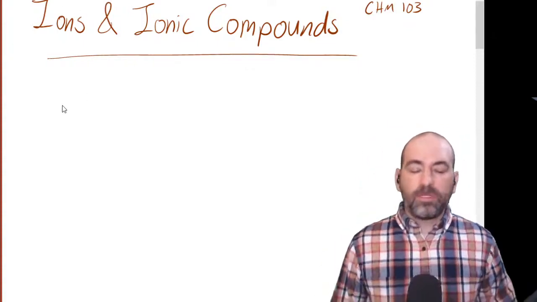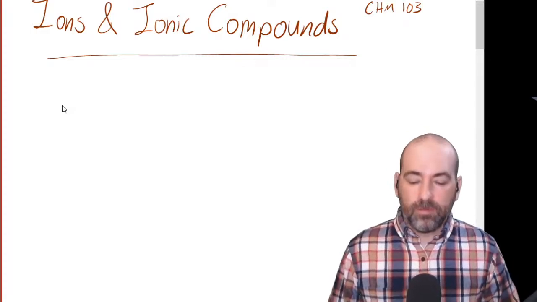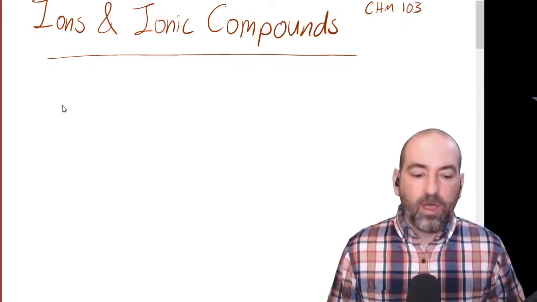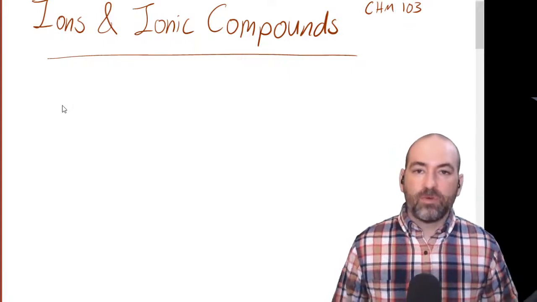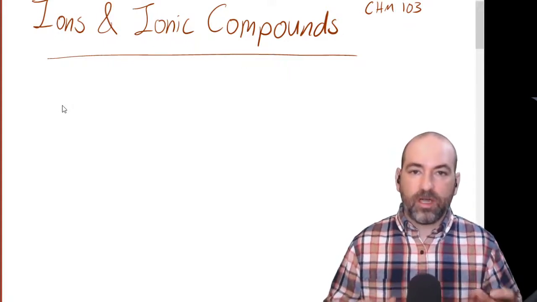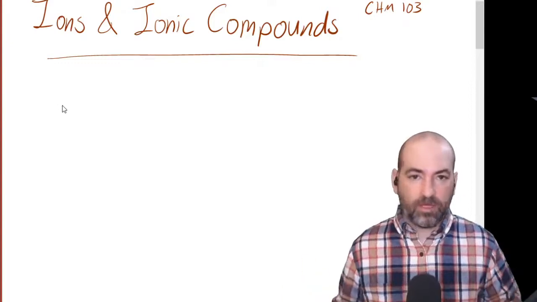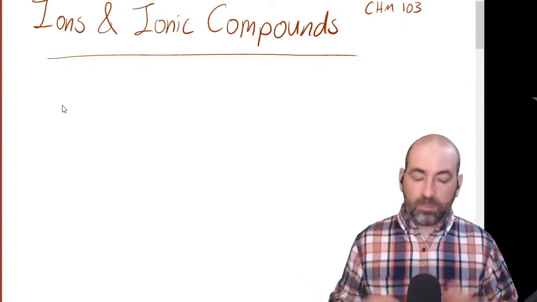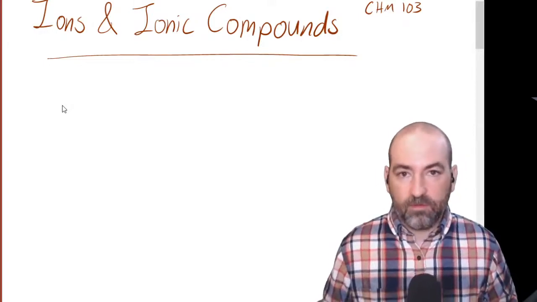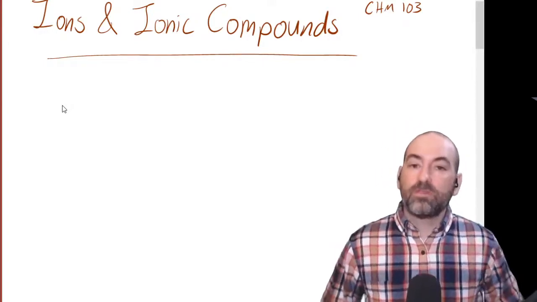Up until this point, when we talked about chemical bonding and chemical structures, we were looking at covalent compounds. That is, where we have two atoms sharing electrons and we build up these big organic molecules from them. That's been exclusively what we've looked at in terms of chemicals this semester so far.